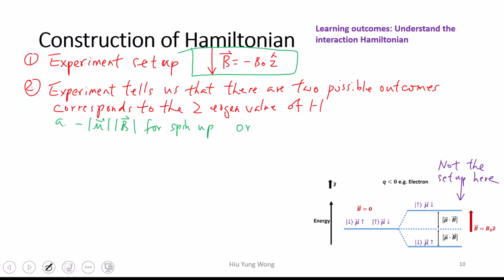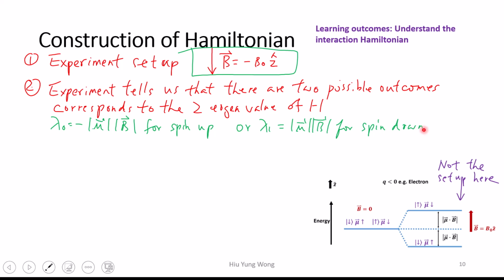Let me erase this. I only get two values, and let me call them lambda 0 and lambda 1, which equals mu B for spin down. Right?